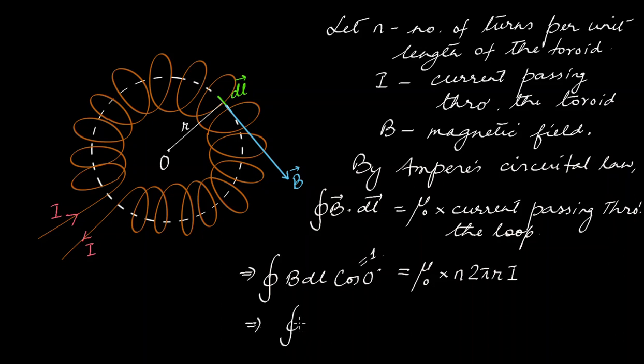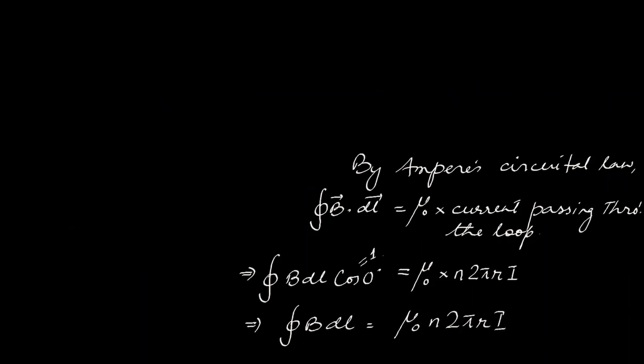So you have just B dl is equal to mu naught n 2 pi r I. Okay, let us take a new page. So this means that the magnetic field can come out, right? So you have mu naught n I 2 pi r.